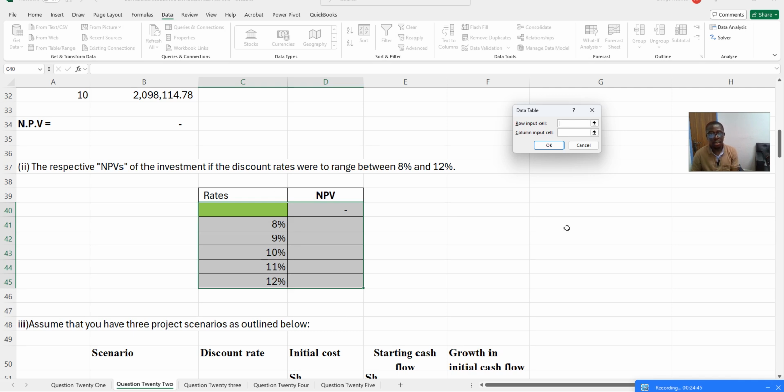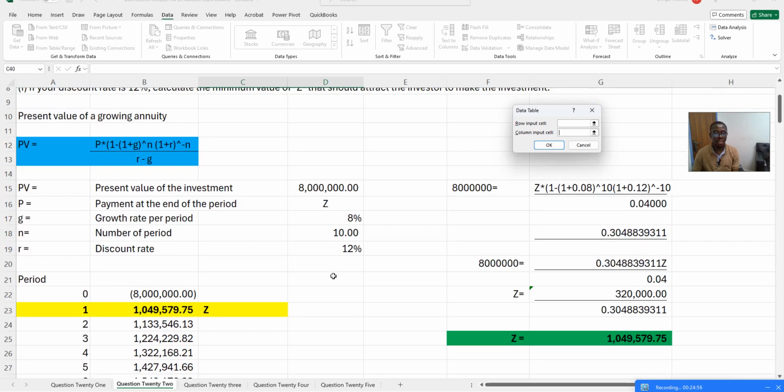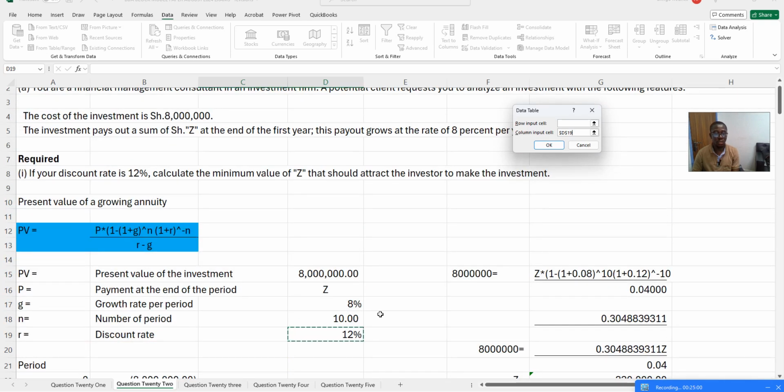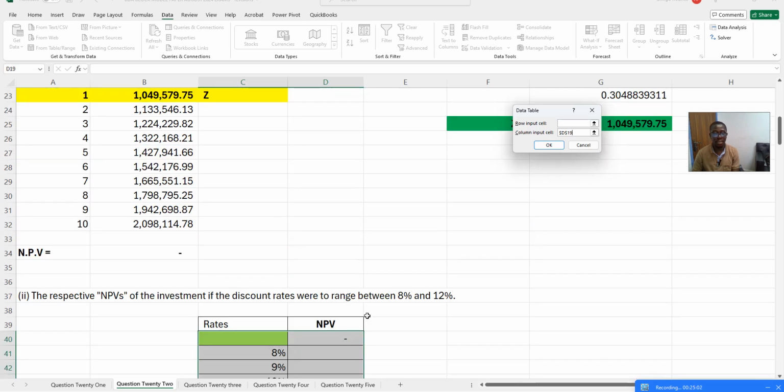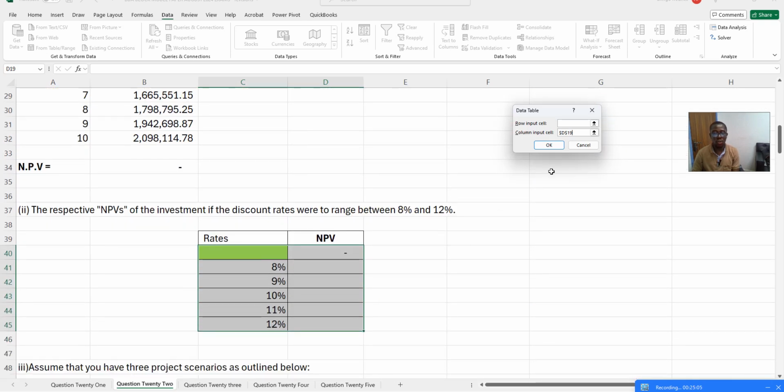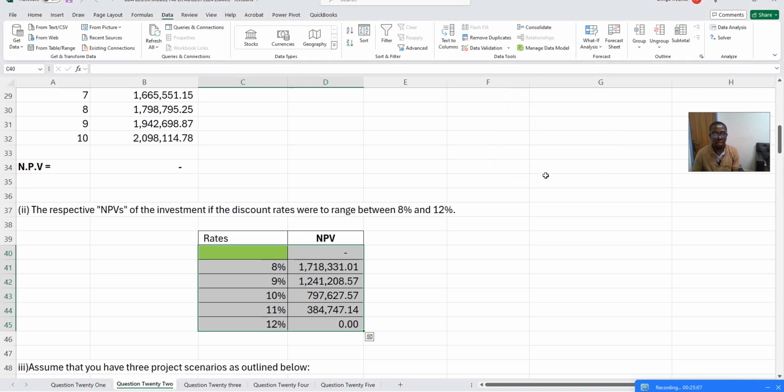So you come to column input cell. I want to input my rates. So go to the original rate that we had used earlier on. Our original rate we had 12%. That was our original discount rate that we had used. So once I've done that, all you need to do is to simply click OK. See the magic.